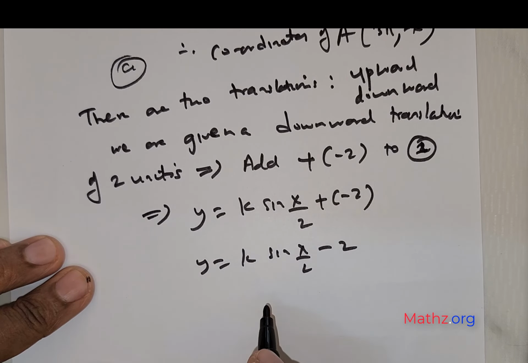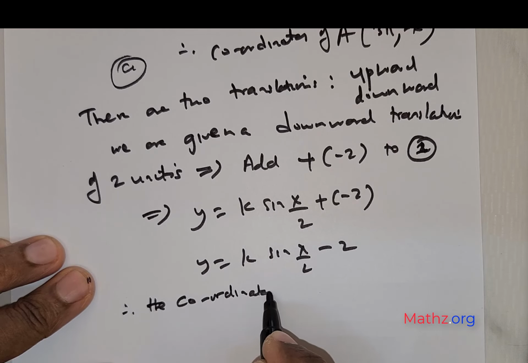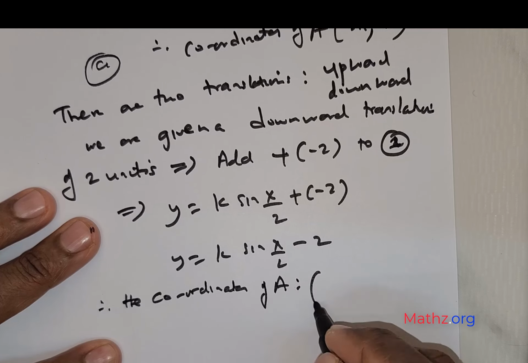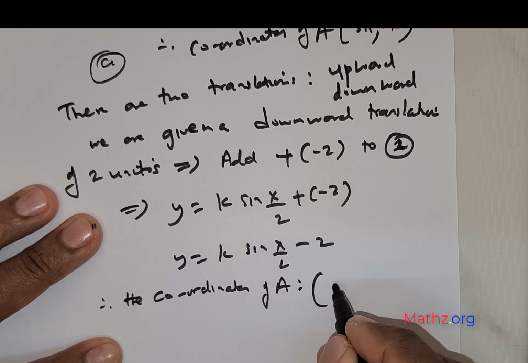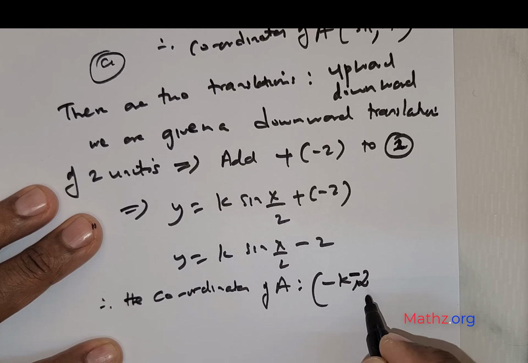Now our coordinates would change, so therefore the coordinates of A, now we have A, the minimum is negative 1, so this is going to be negative k, or I would say negative k with 2 there. So it's better for me to write it like this.